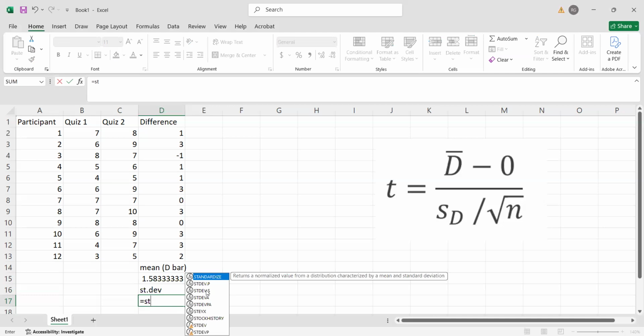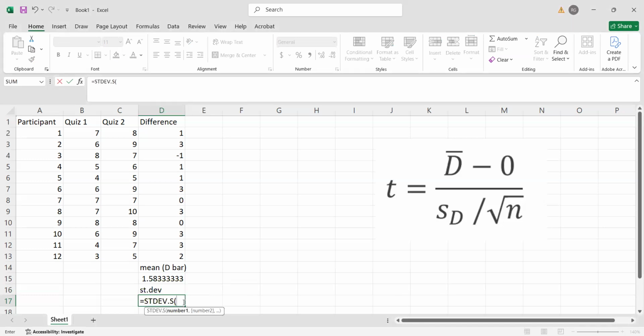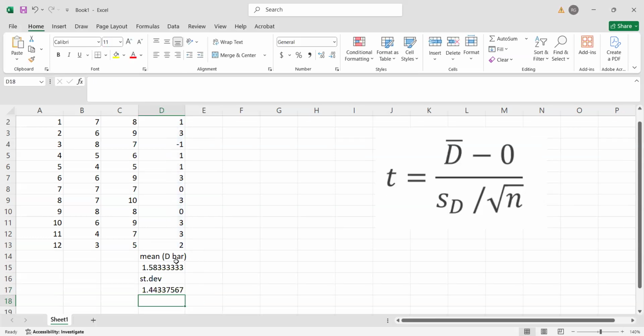If it was a population, we'd use STDEV.P, but we're using a sample, so I want STDEV.S. I double click that, and it asks which numbers I am trying to calculate a standard deviation for. I click and drag all of those cells, hit enter, and there we go. We've got our mean of difference scores, D bar, and our standard deviation of difference scores, S sub D.